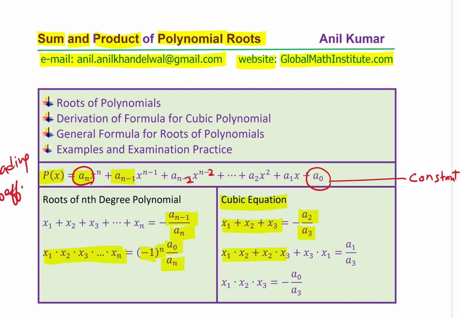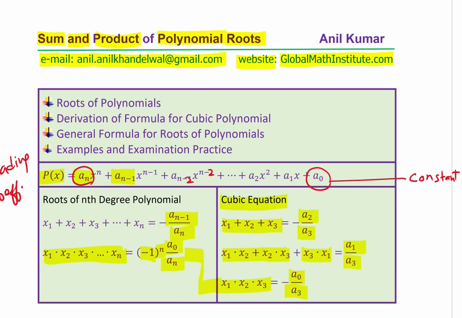The sum x1 times x2 plus x2 times x3 plus x3 times x1 is the ratio of a1 over a3, and the product of all three roots is minus the constant term over the leading coefficient, right? You can actually derive this formula from here also: n being odd, minus 1 to the power 3, which is an odd number, will be negative, and therefore you get this negative for the product of the roots, right? We're actually going to derive this formula soon.